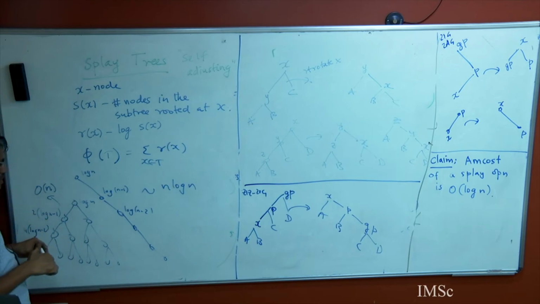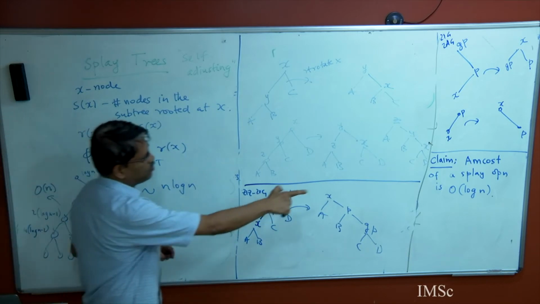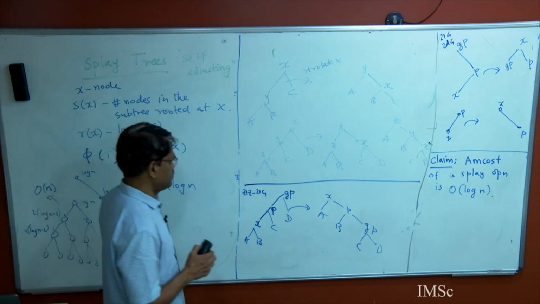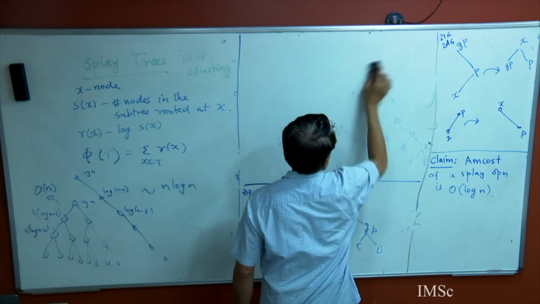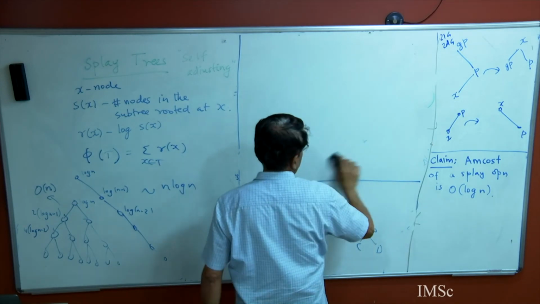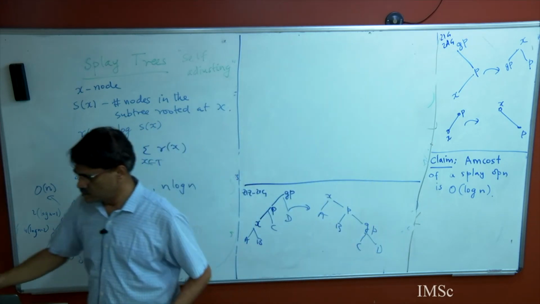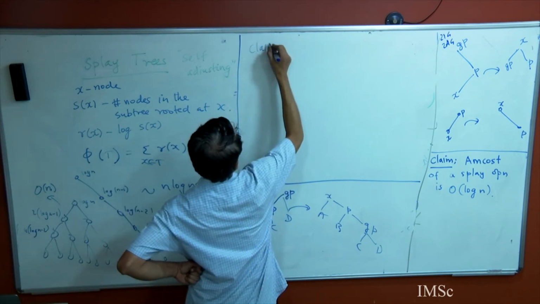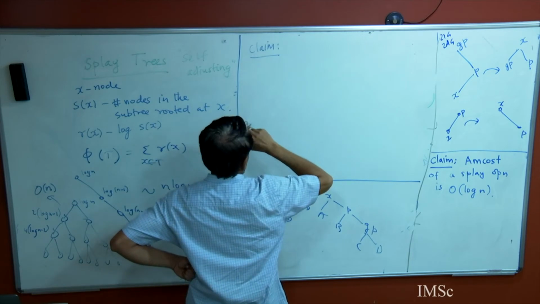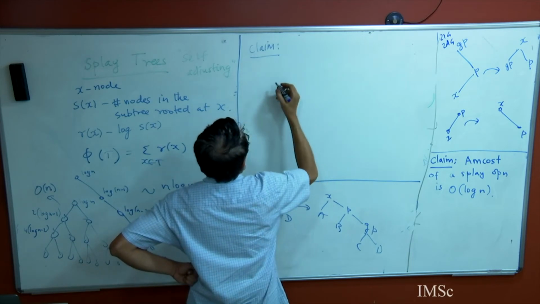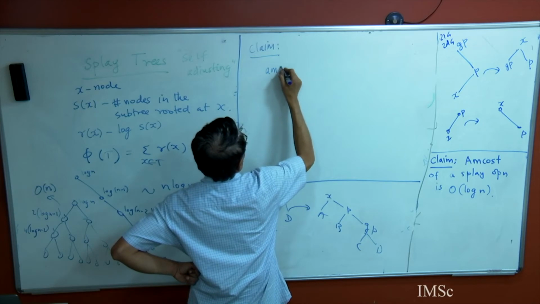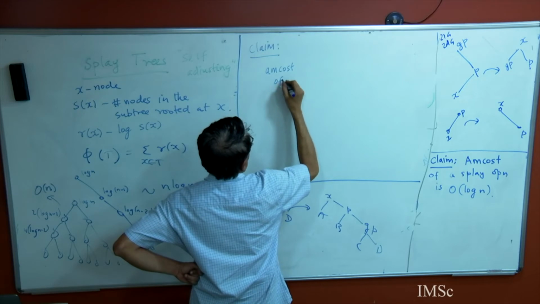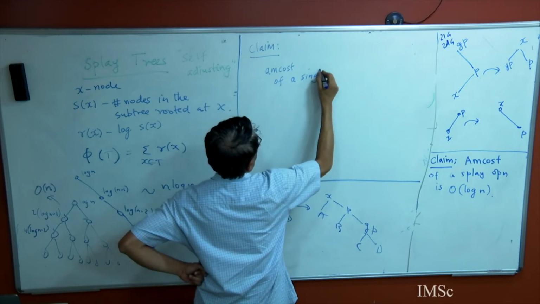But all we are going to do to prove this is the following. The subclaim which we will prove is the amortized cost of a single rotation at x.